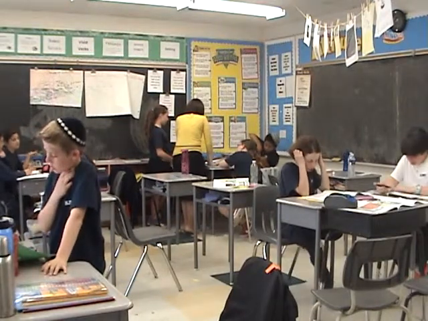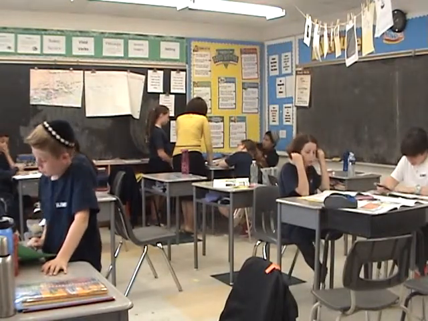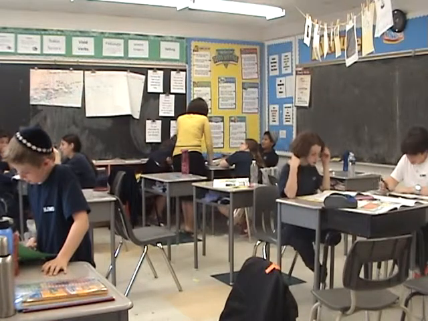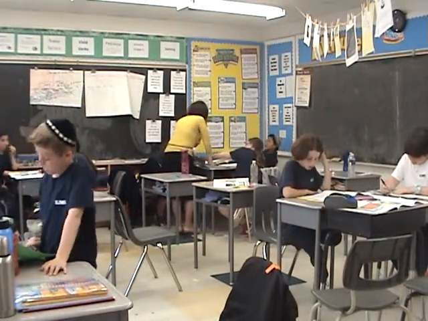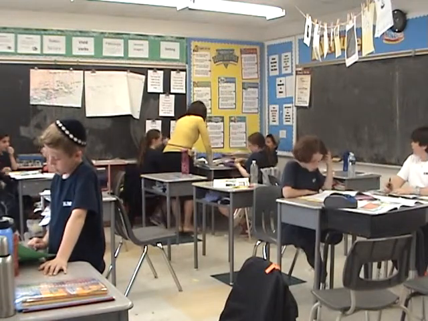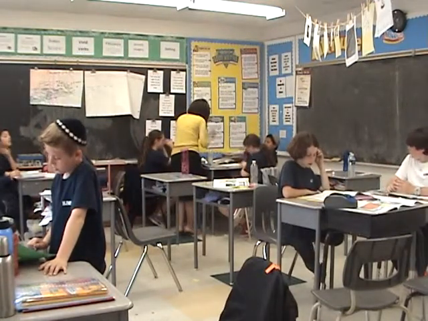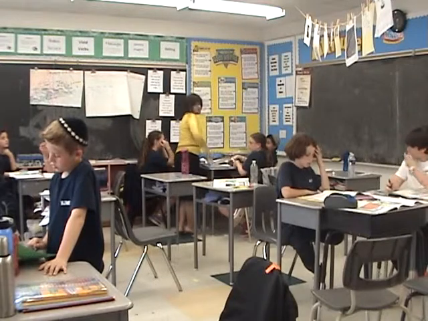All the information's in your book. Read the instructions for the song. How long does the song have to be, Mrs. Wise? Like 3.5. Sit down. It says it over there.